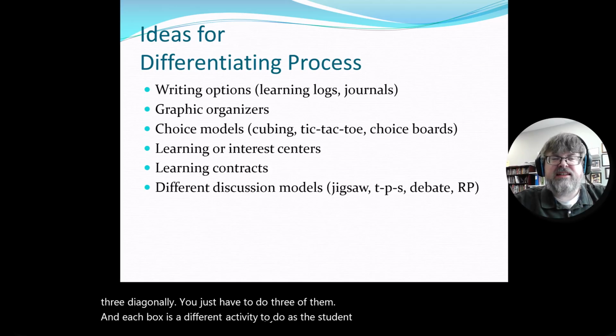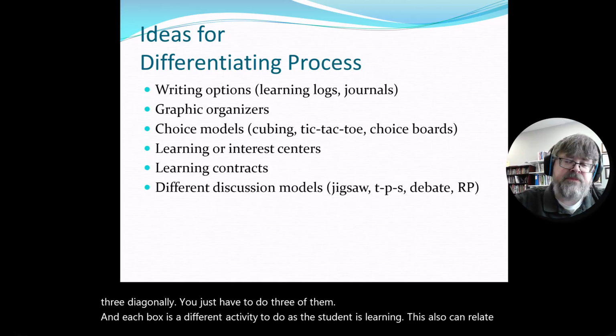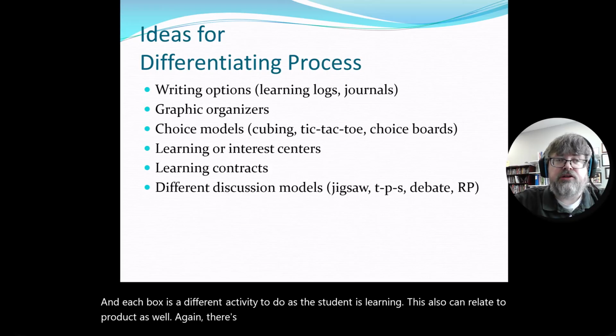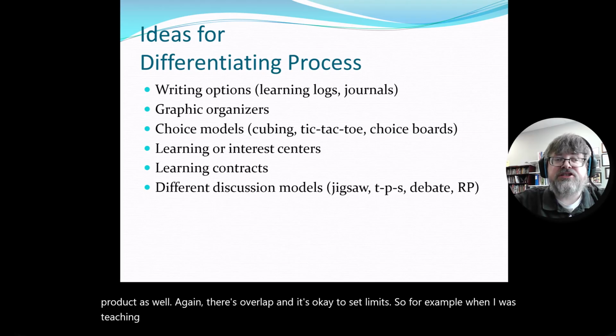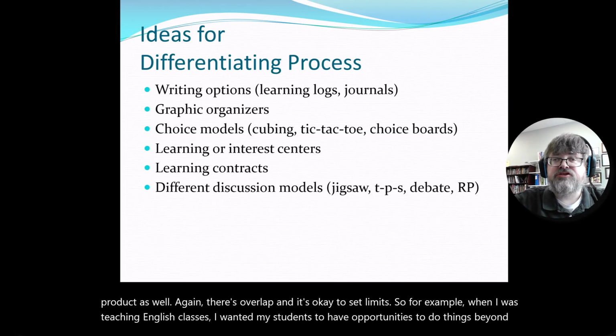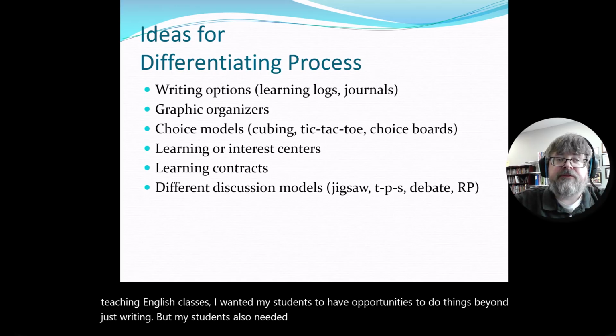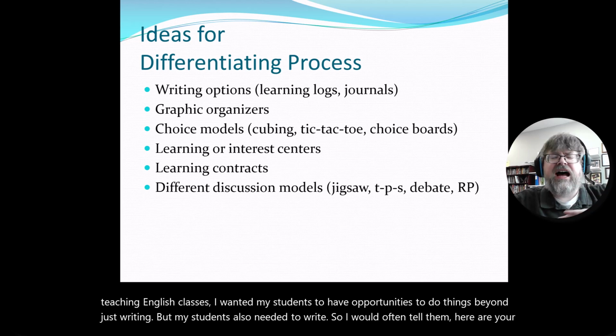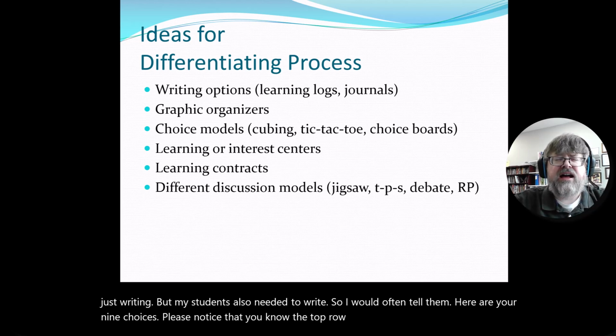This also can relate to product as well. Again, there's overlap. And it's okay to set limits. So, for example, when I was teaching English classes, I wanted my students to have opportunities to do things beyond just writing, but my students also needed to write. So I would often tell them, here are your 9 choices. Please notice that the top row are all writing options.